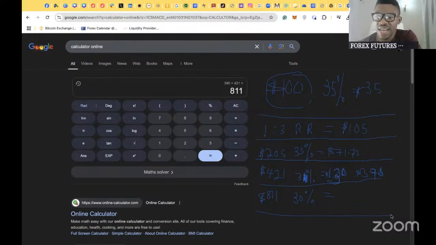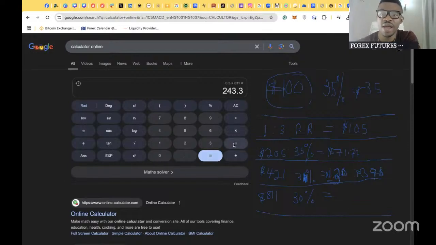When we lose the trade, what is 30% of 811? That's 243. If we lose that trade, we lose $243.